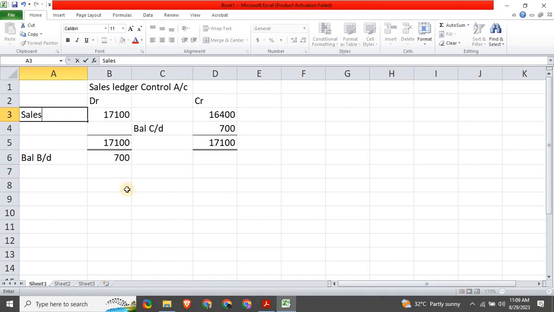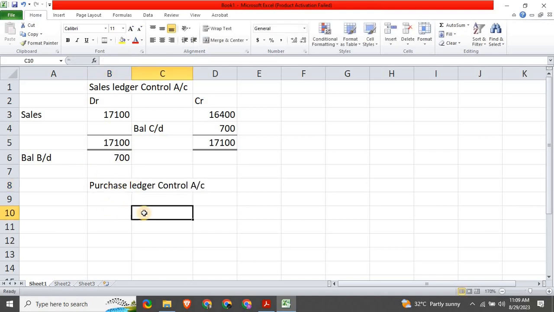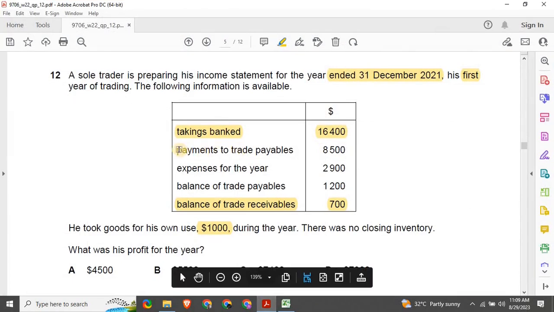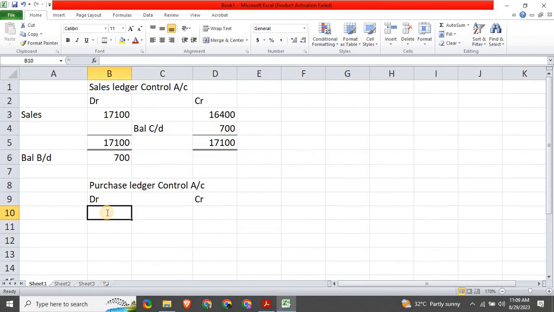And after sales, we need to find out the purchases. Purchase ledger control account. In the purchase ledger control account, if trade payables are decreasing, we write on the debit side. If trade payables are increasing, we write on the credit side. The question said that payment to trade payables is 8,500, so trade payables are decreasing: 8,500 payment.